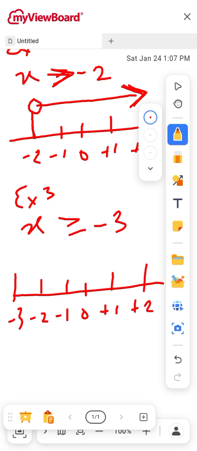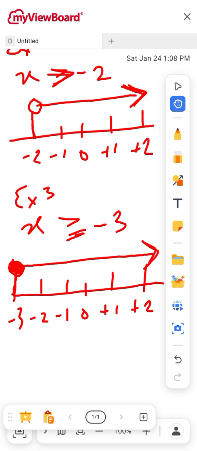So locate your starting point, which is this. I'll draw my 0. But because of this equal to sign, I'm going to shade that 0. And I'll locate places that are greater than -3. Where are they? They are on this side. And my arrow side coincides with my sign.